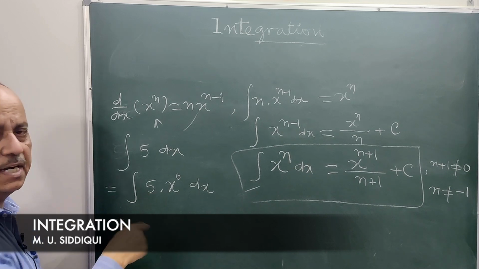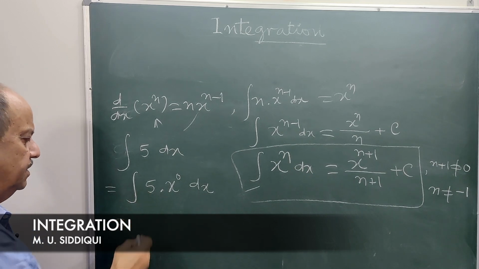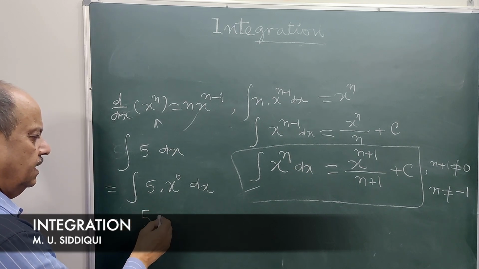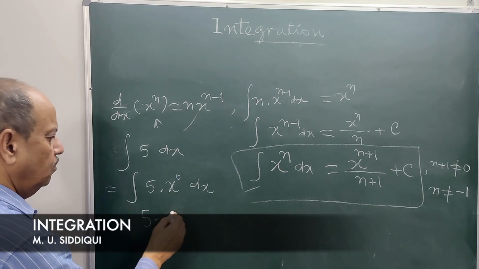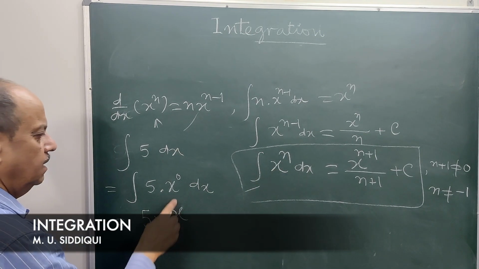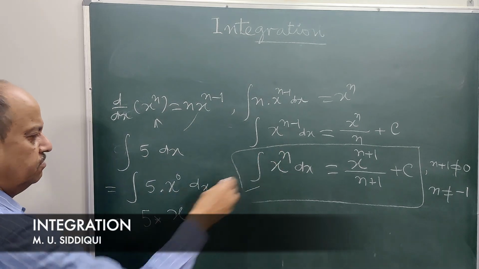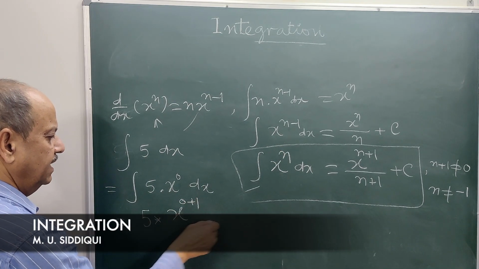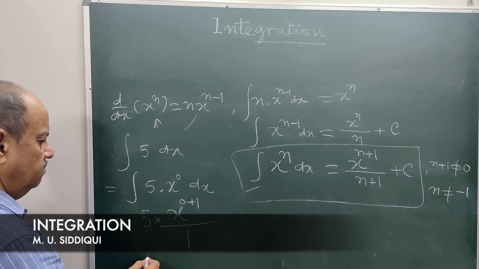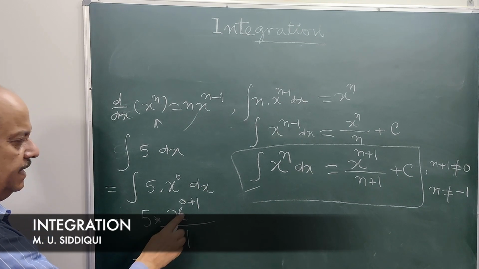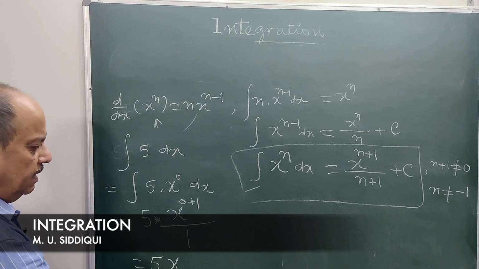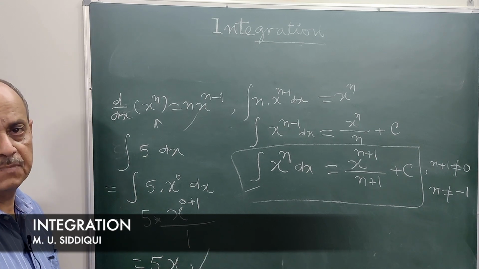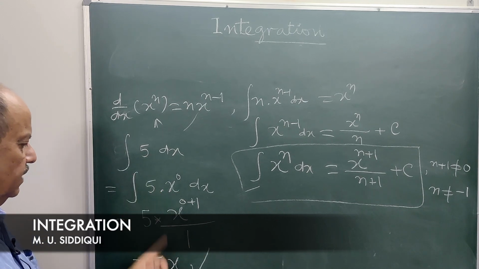For differentiation as well as integration, these constants can be taken outside. Now using that formula, x to the power 1 more than this exponent, 0 plus 1, divided by the new power, which is 1. So it will become 5 times x to the power 1 divided by 1. So if it is integral of 5, you are getting 5x.